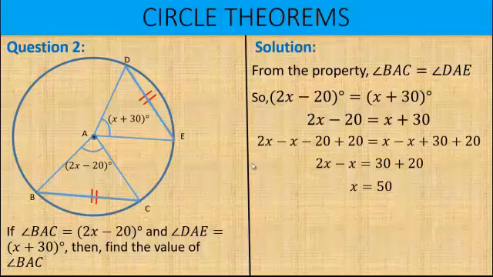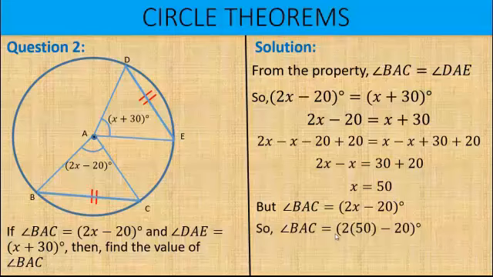Now that we know the value of x to be 50, and we want to find angle BAC, we can substitute 50 into 2x minus 20. So wherever we find x, let's put in 50 degrees.